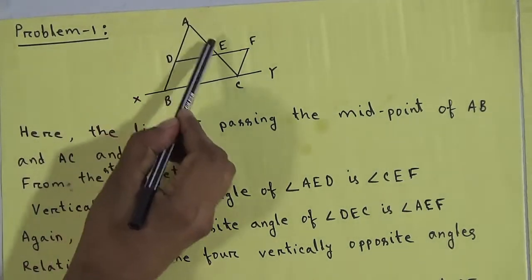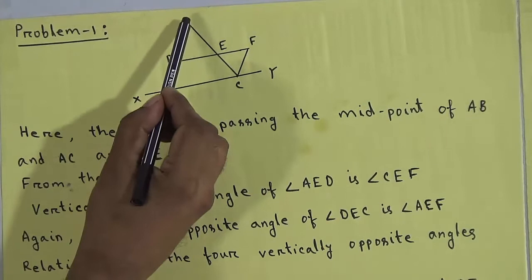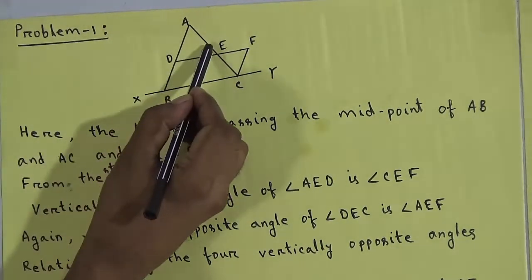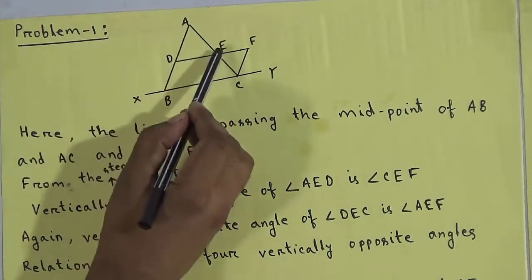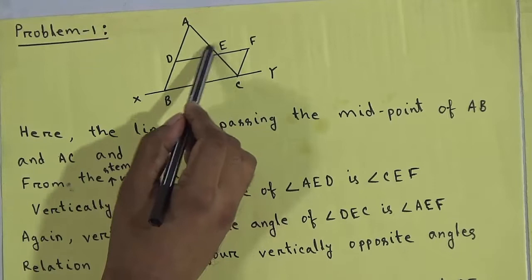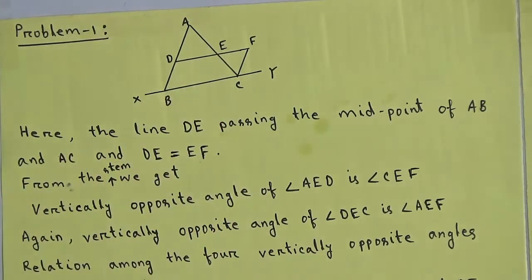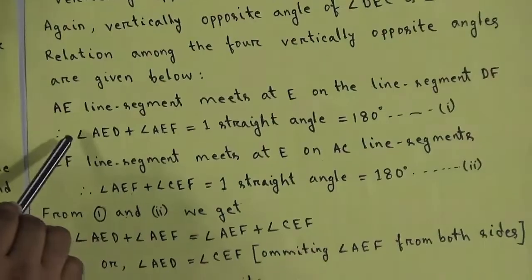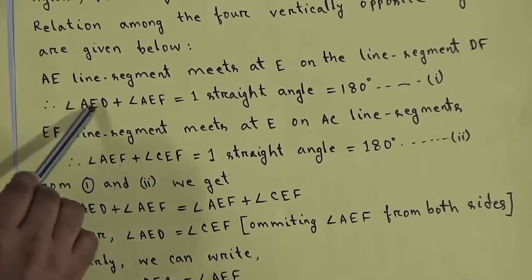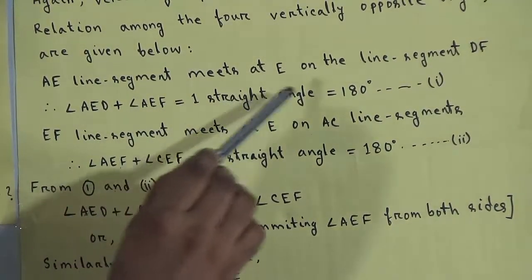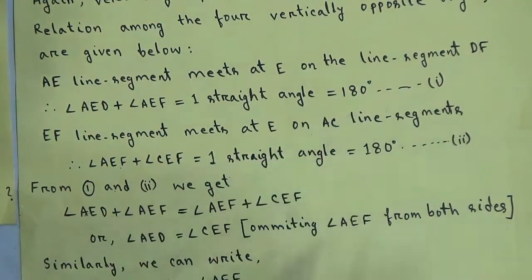One is AED, another one is AEF. Dear students, the sum of these two angles, that means AED plus AEF, will be one straight angle. That means two right angles, that means 180 degrees. Here I have written it. AED plus AEF equal to one straight angle equal to 180 degrees.